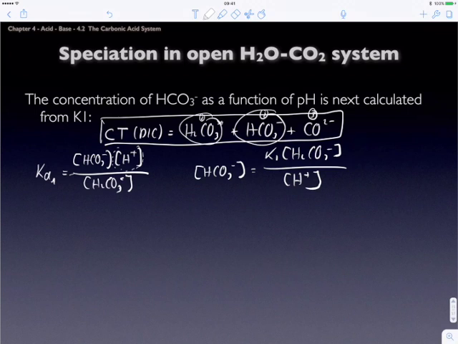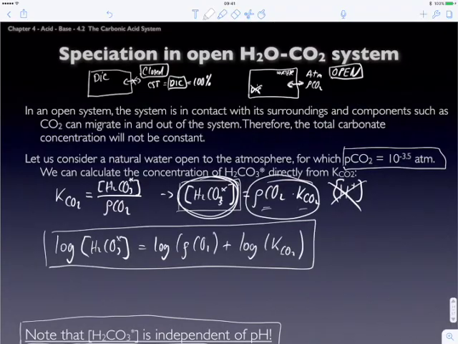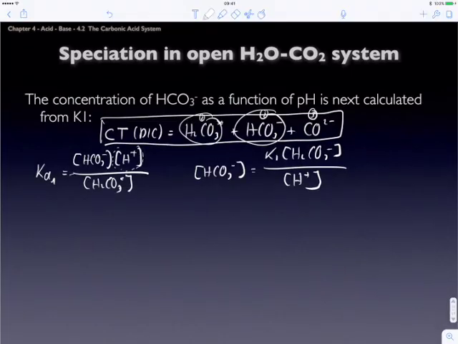So this is pretty simple. And we just calculated in the previous slide that the concentration of H plus equals the PCO2 times the Henry constant, the KCO2. So you can replace it, and now you can write it this way.